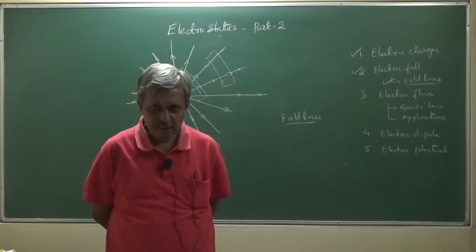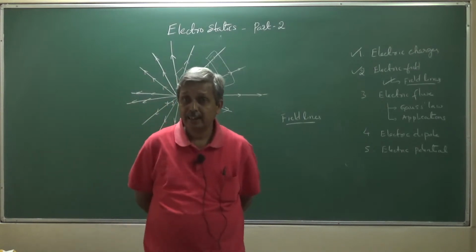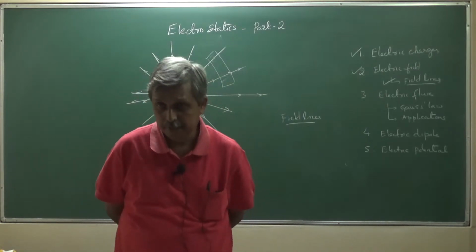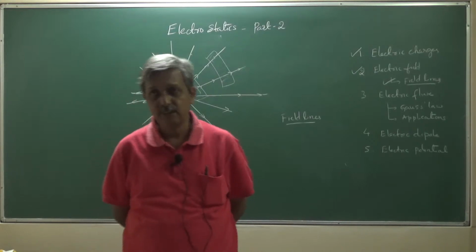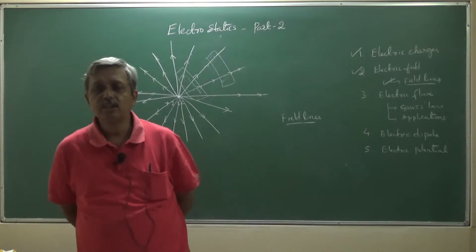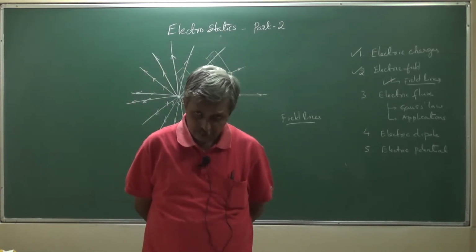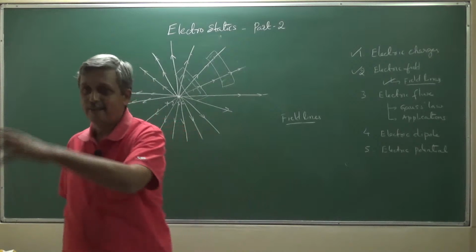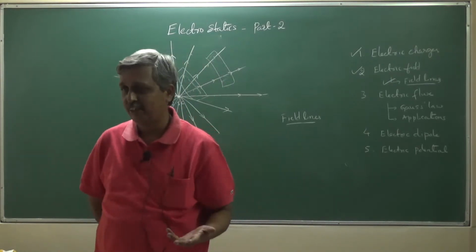So flux is a word that is used not just in electric fields and electric charges and all. It is used in many places. Even water flux is there, current flux. So we use this word in many places. The flux is simply nothing but how much of it is going in some certain direction. How much? That is basically flux in a given cross section area.